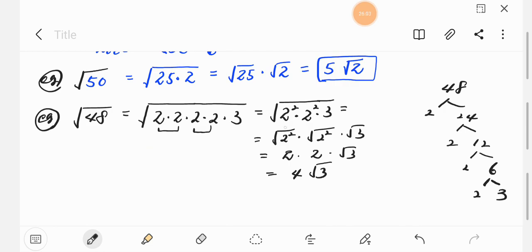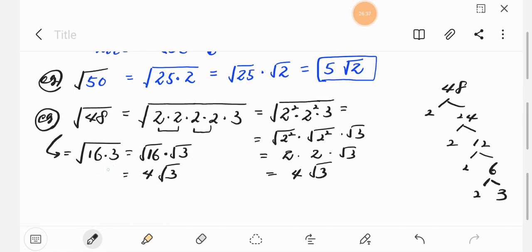Once it becomes squared, you can take out the base. Or this is equal to 16 times 3, right? Then you can separate 16 and 3. 16 is a perfect square. So 4 times square root of 3. So we got the same result. It doesn't matter. If you see 48 is 16 times 3, then it's much easier.